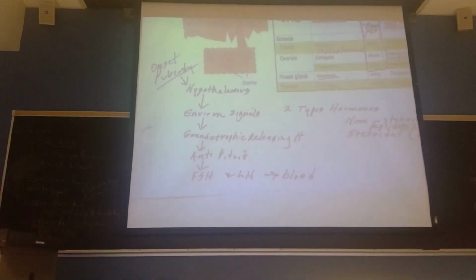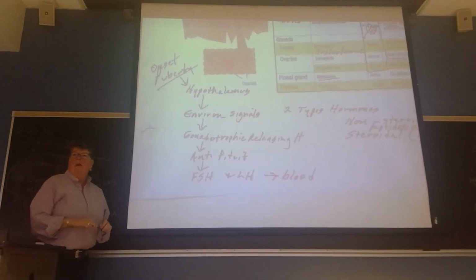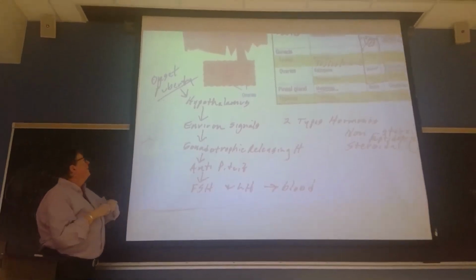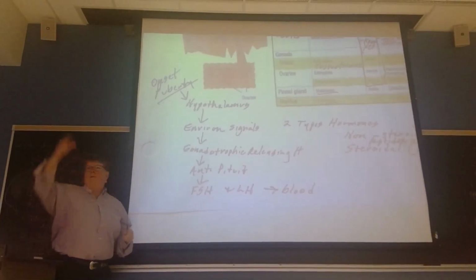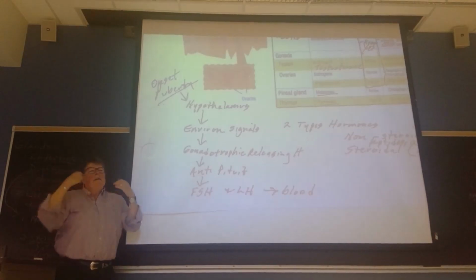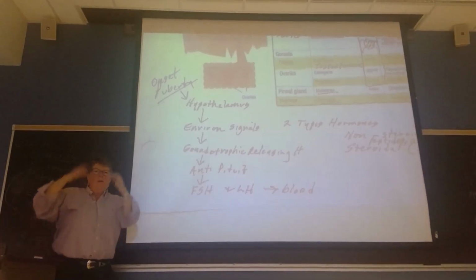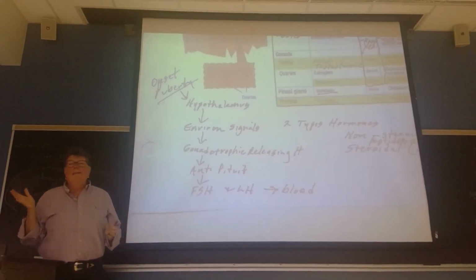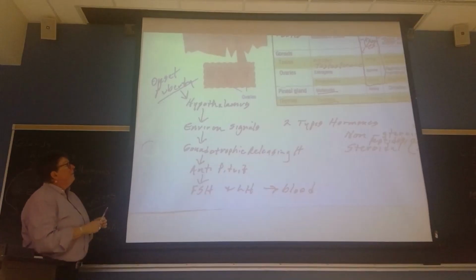Let's go down here for a moment. The onset of puberty is all hormonal. The hypothalamus receives environmental stimuli, kind of registers how old you are, and other environmental stimuli we don't necessarily understand.